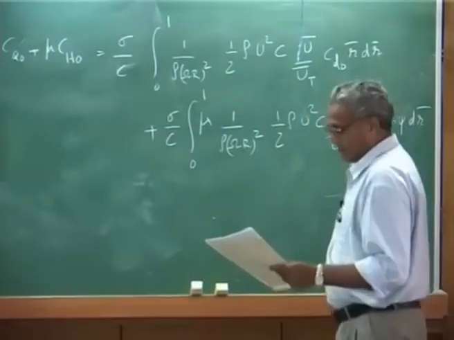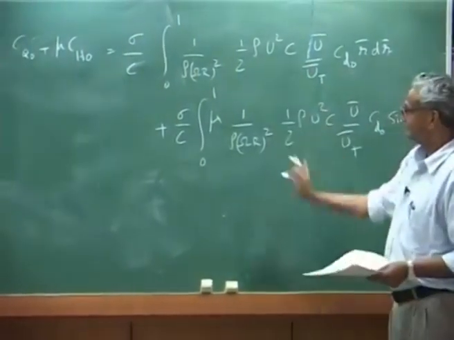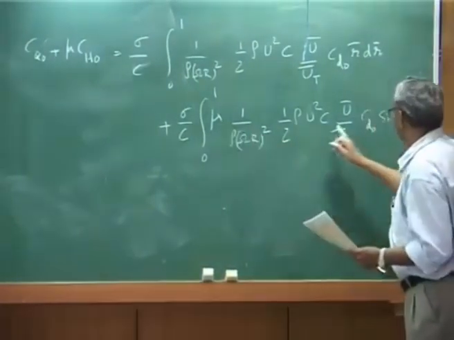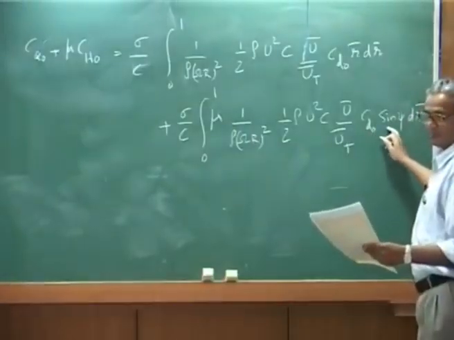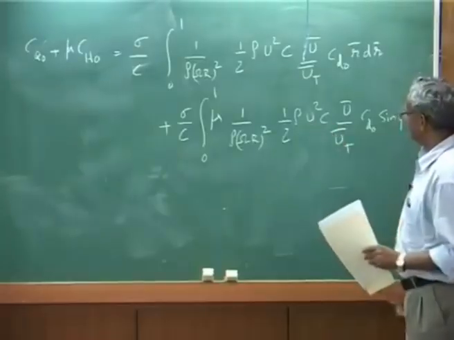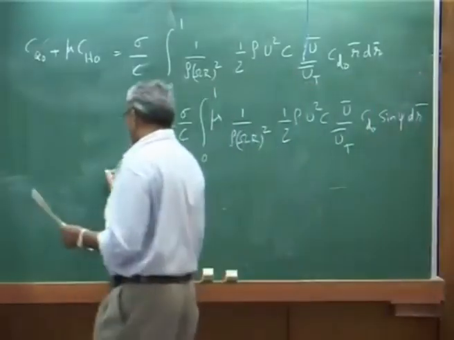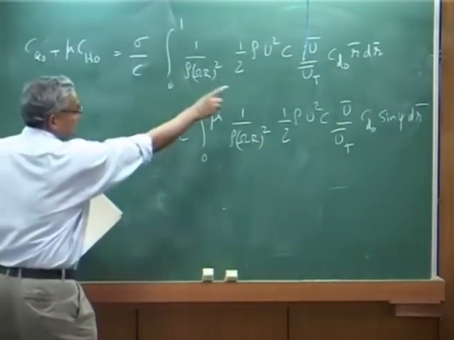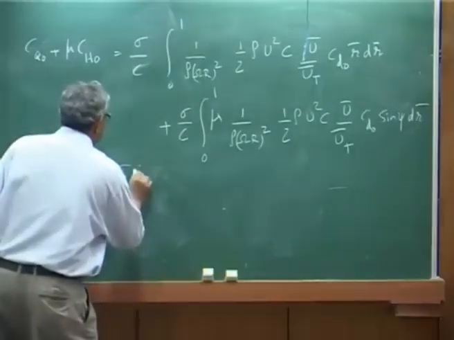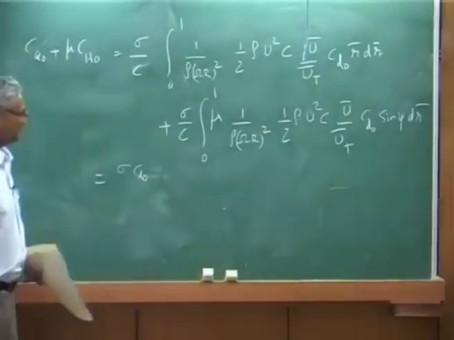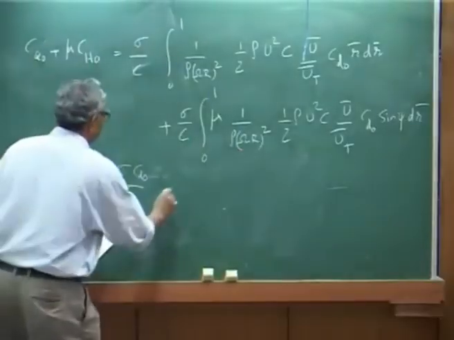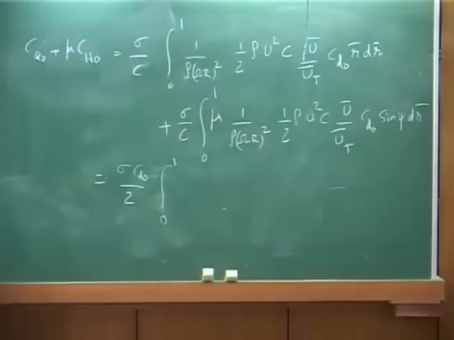Okay. Now, what you do is you combine both of them. Here you will have mu sin psi, and you can now make it in a different form. I will write sigma, you take out C_d as though it is a constant, I am taking it C_d0, sigma C_d0, and there is a half, so I am taking that half outside, 0 to 1, okay.